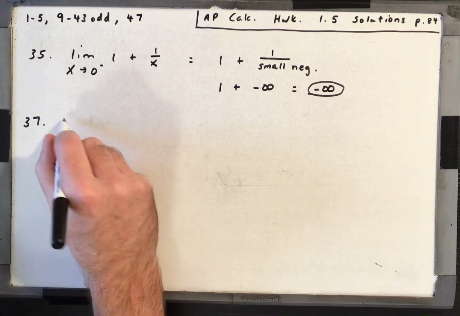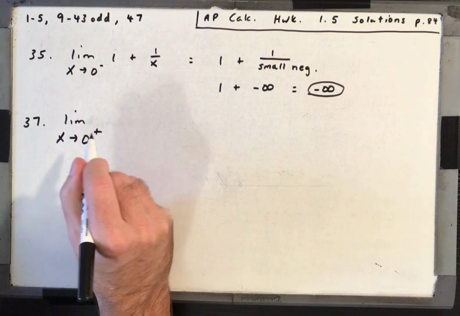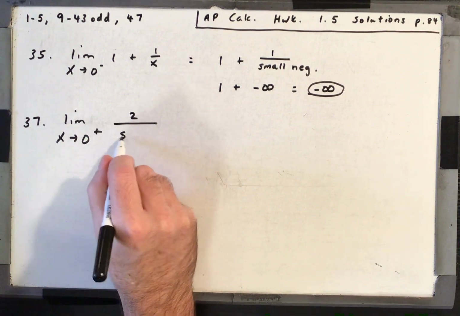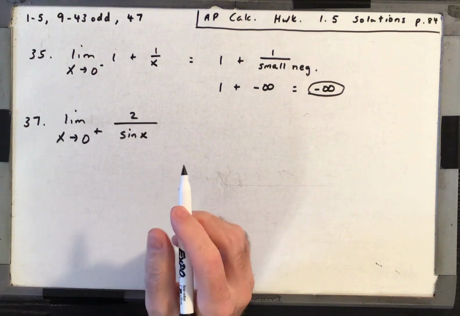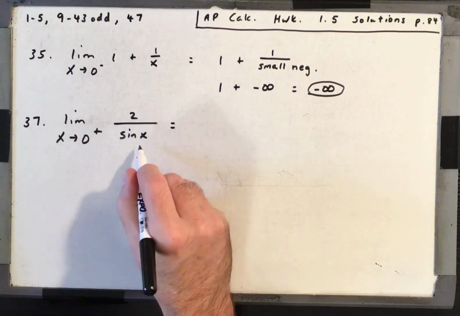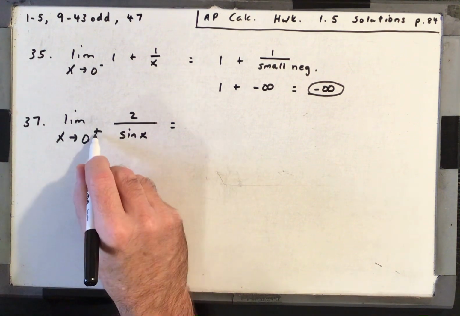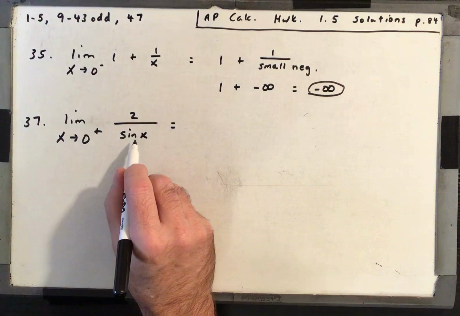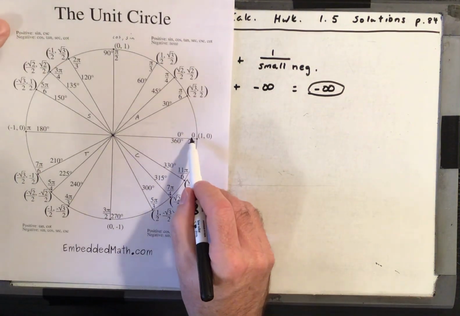37, we have the limit as x approaches 0 from the right of 2 over sine x. Okay, so again, this is non-zero over 0 form. If we plug in 0, sine of 0 is 0, but from the right, we're in quadrant 1, just a little bit above 0.